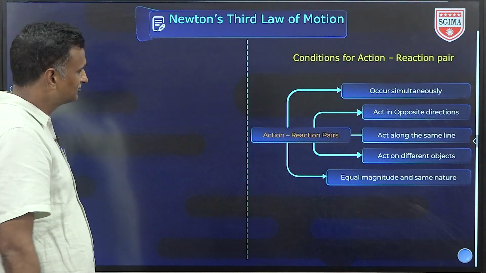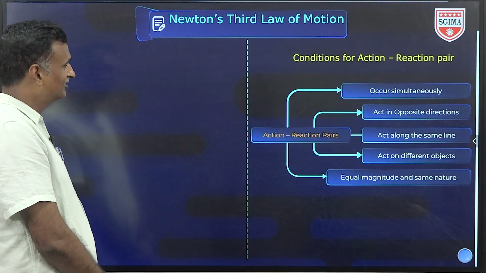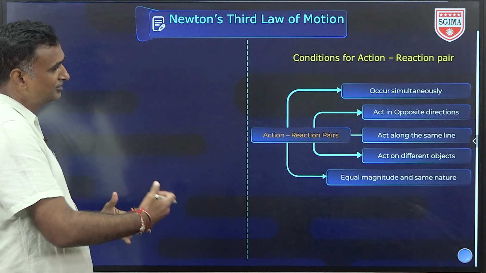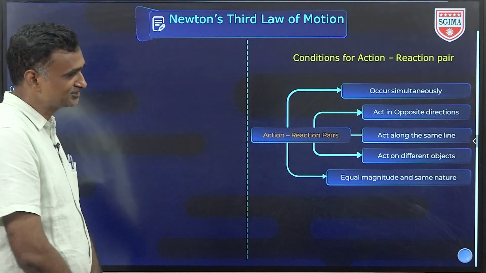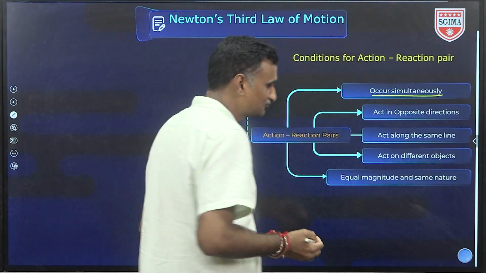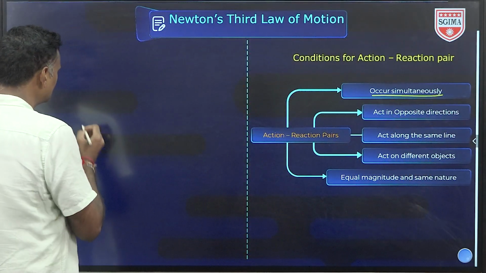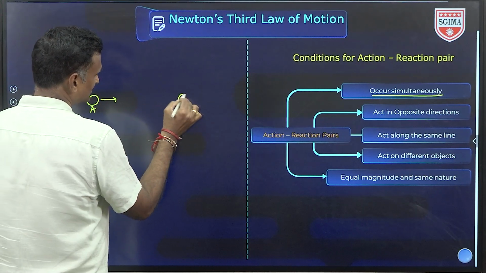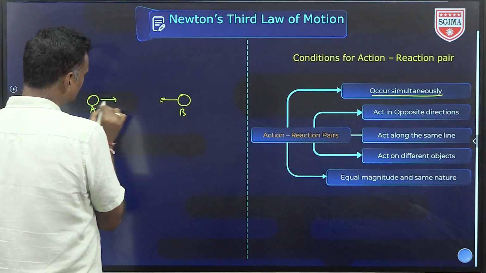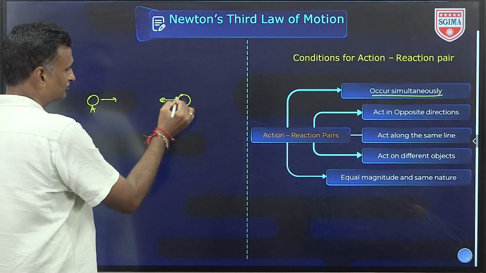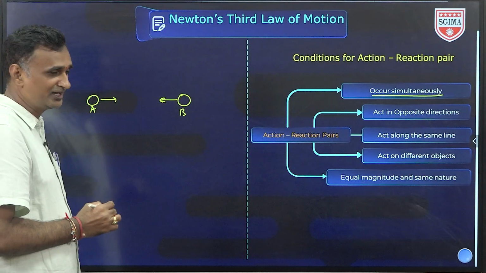Here, Newton's third law of motion, conditions for action-reaction pairs. So, what are the conditions? First, they occur simultaneously. We have seen in the last case mass A and mass B. Mass A exerts a force on B, which is the action, and mass B exerts a force on A, the reaction.